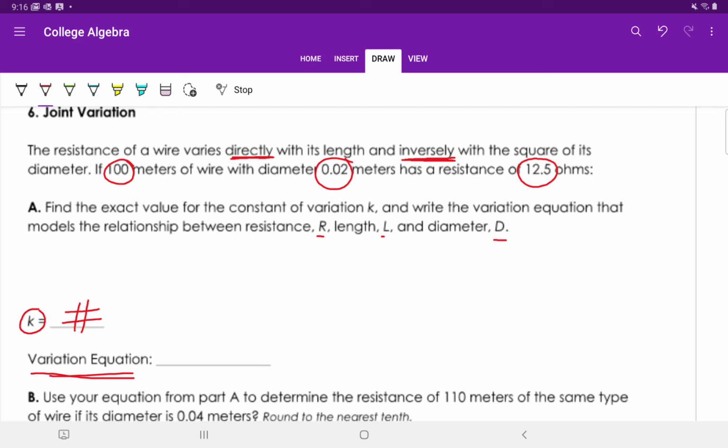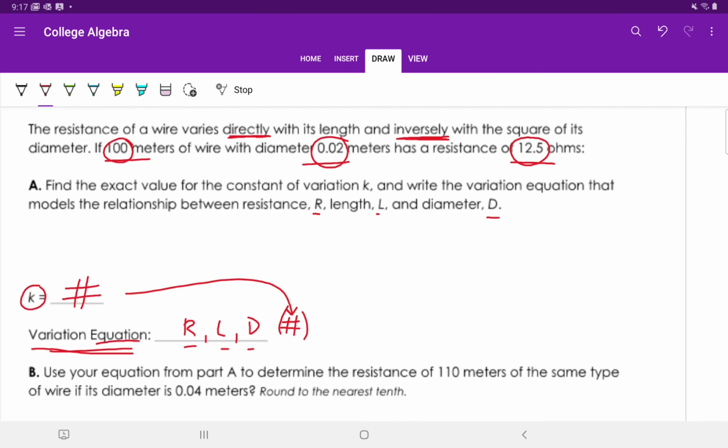So your equation will definitely have an equal sign because it's an equation, but it will also have an R, an L, and a D in it. You won't be using these values in your equation. You will go back to the variables in the equation. You will, however, have a number in there somewhere which comes from here, the K.